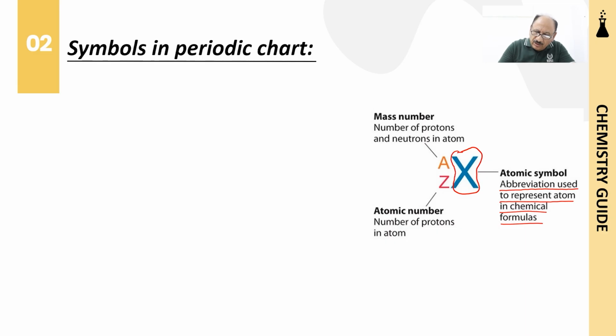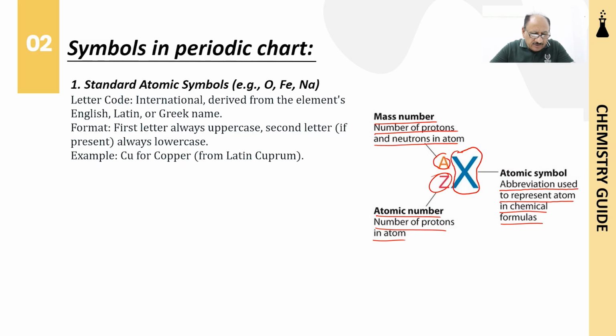Then we have the mass number, which is the number of protons plus the number of neutrons in the atom, and Z is the atomic number, which gives the number of protons in the atom. For a standard atomic symbol, for example, oxygen is O, iron is Fe, and sodium is Na. So these are letter codes.